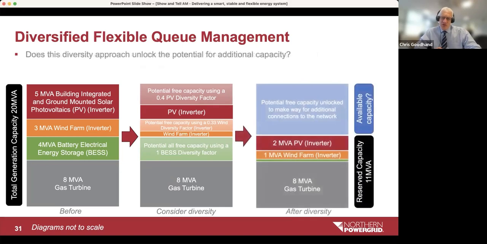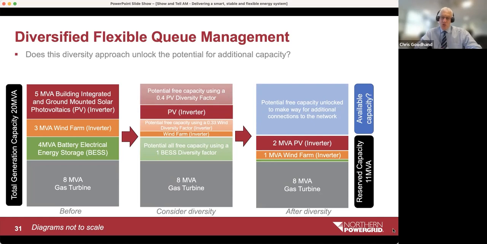So if we consider all this diversity and ask how the real world behavior of the generation is likely to be, we expect that there might be some available capacity that we can use to connect additional generation while we get on with building more network to support the longer term view.